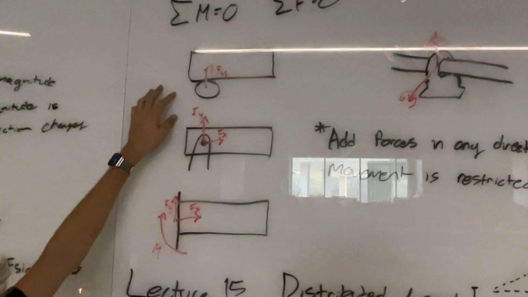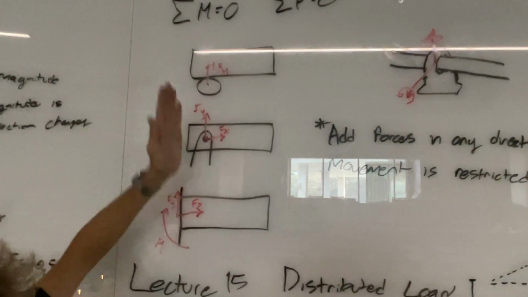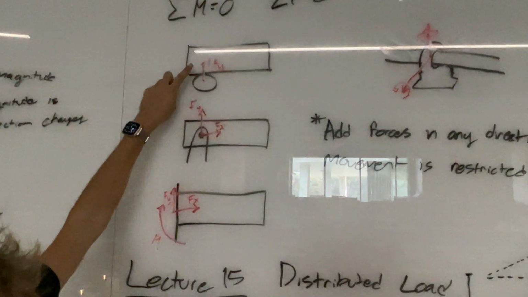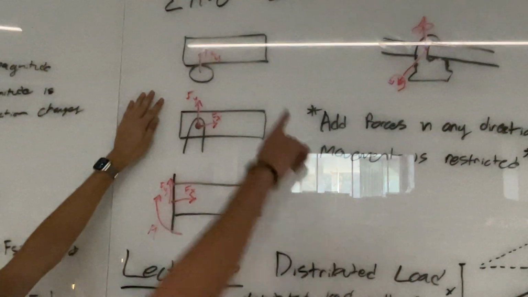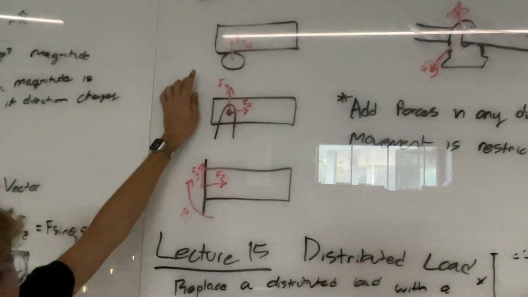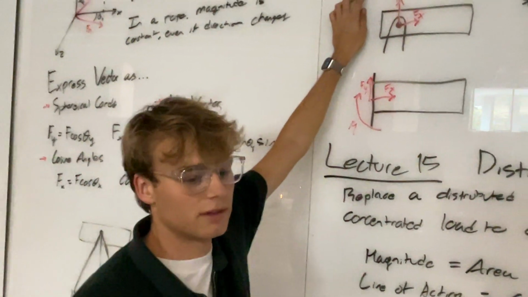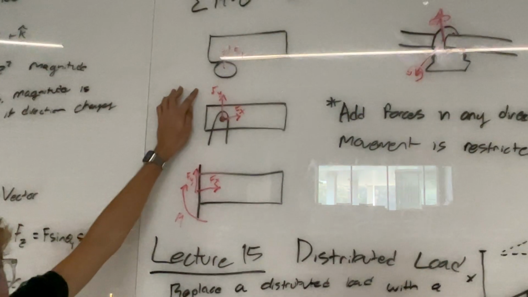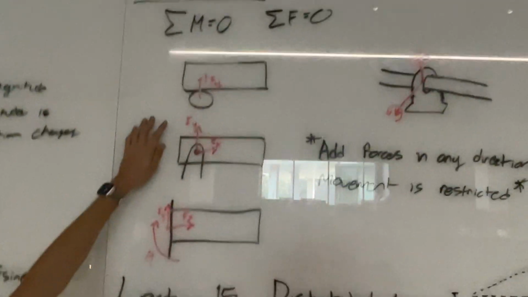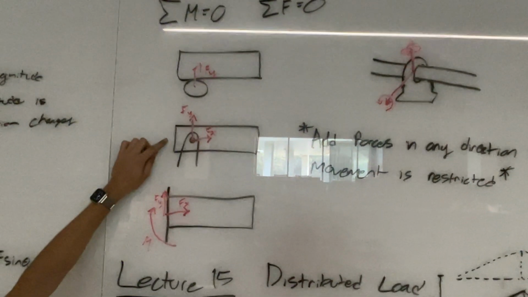Because the movement is only restricted in this Y direction, we're only gonna have a force in the Y direction. In the X direction, the beam is free to move horizontally, so we don't need a force there. Rather than there being a force, you can think about it as motion is carried out. So here, this is a hinge.